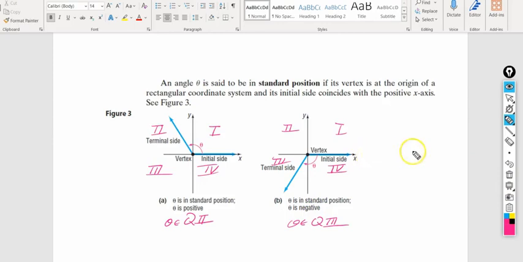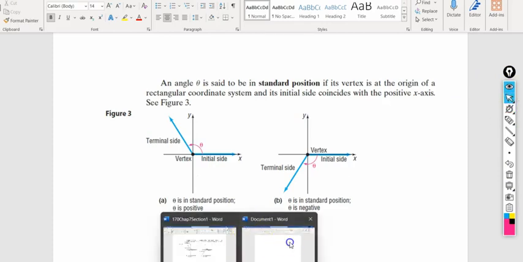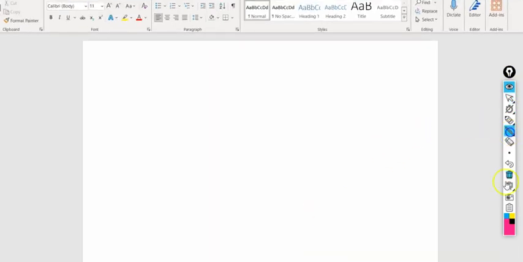Also, if you're talking about quadrants, we had some common angles. All of this is review from the first day of class. So we have some common angles.